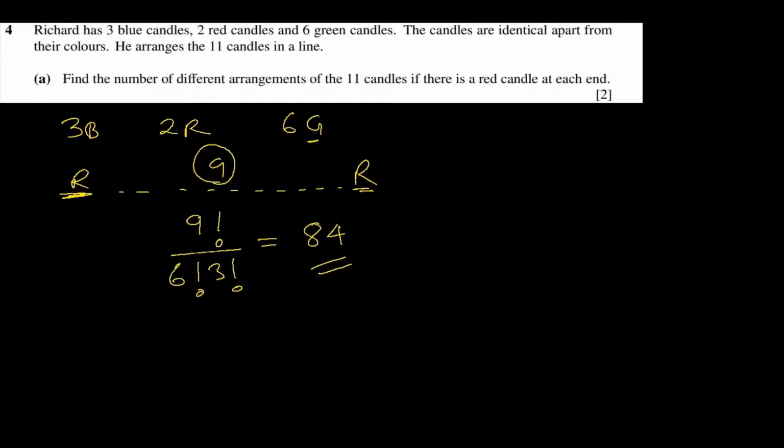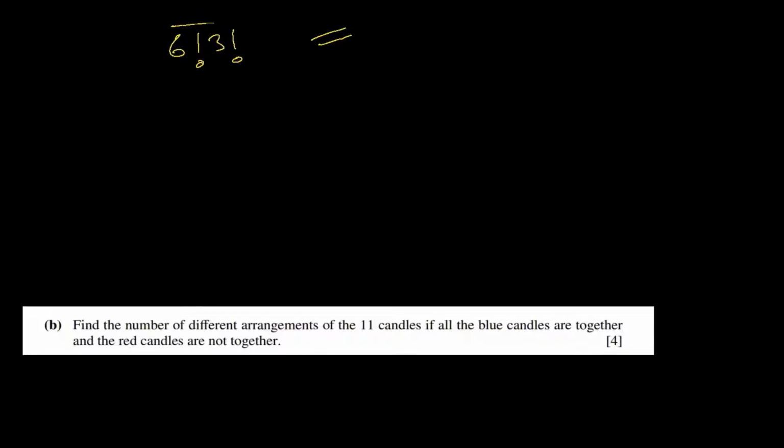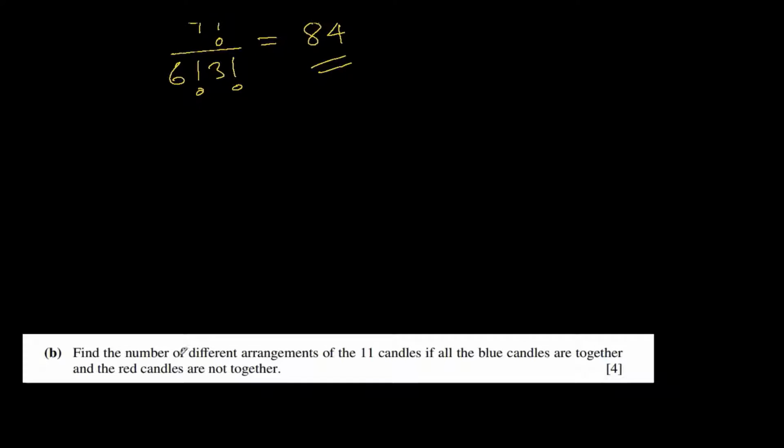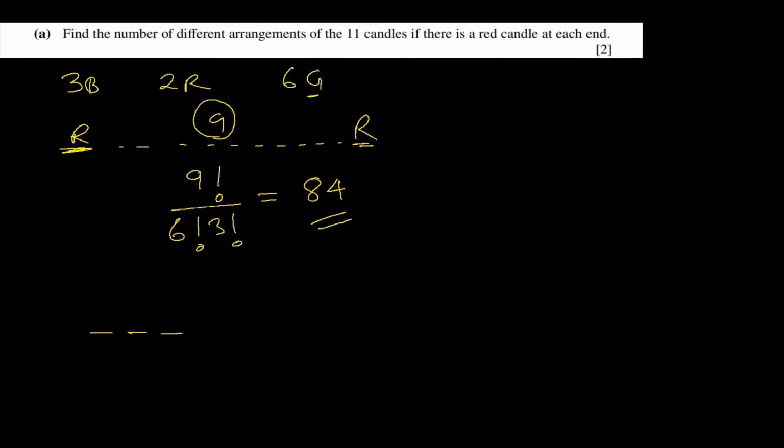Let's move on to the B part. Find the number of different arrangements of 11 candles if all the blue candles are together and all red candles are not together. All right. So that means we have to move blues together. How many blues are there? 3 blues are there.